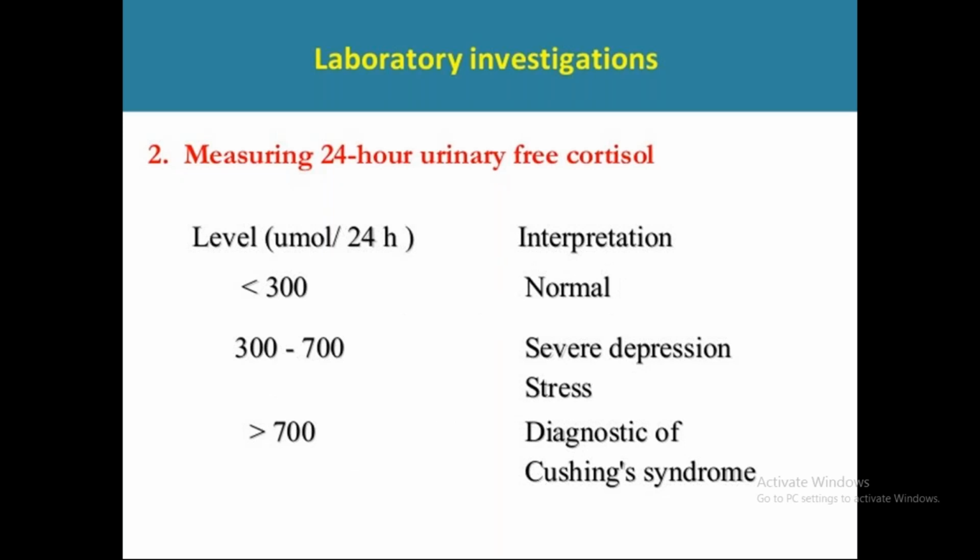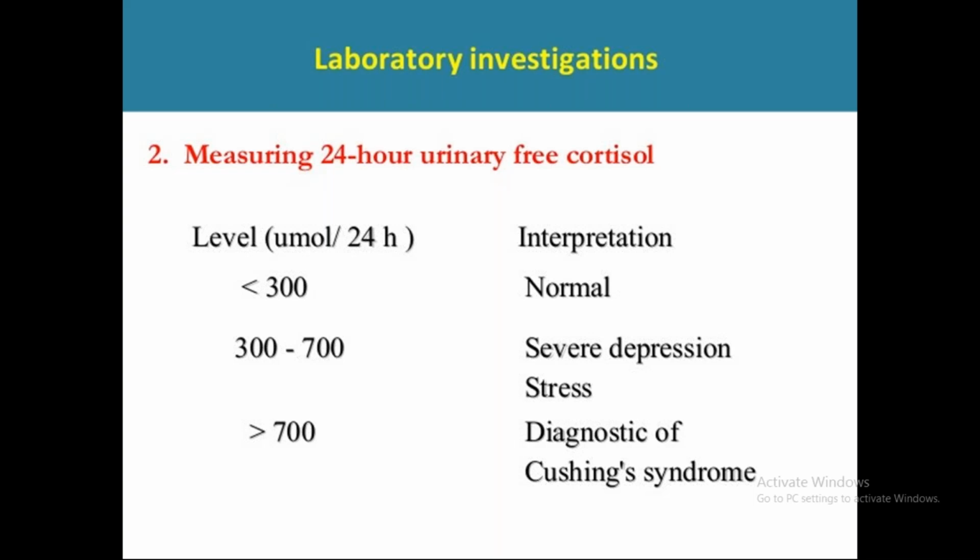If the 24-hour free cortisol level is less than 300 micromoles, it's normal. 300 to 700 indicates severe depression or stress. And if it crosses beyond 700 micromoles in 24-hour urine, it indicates the patient is suffering with Cushing syndrome.